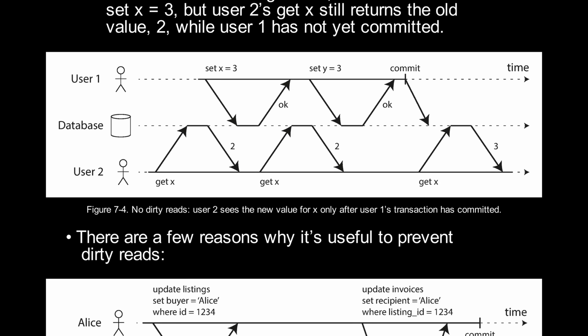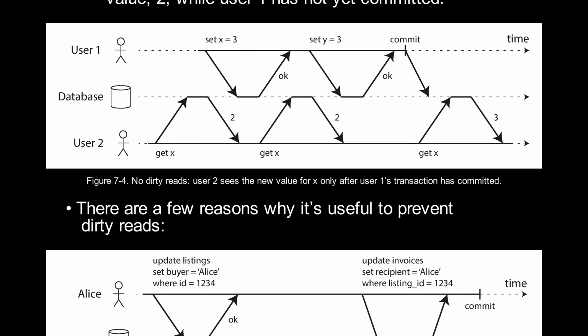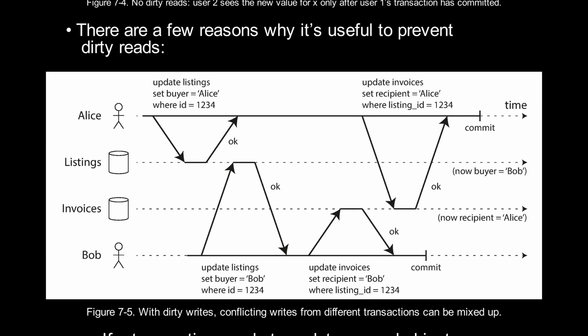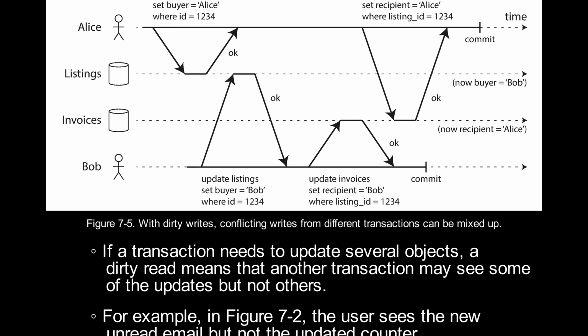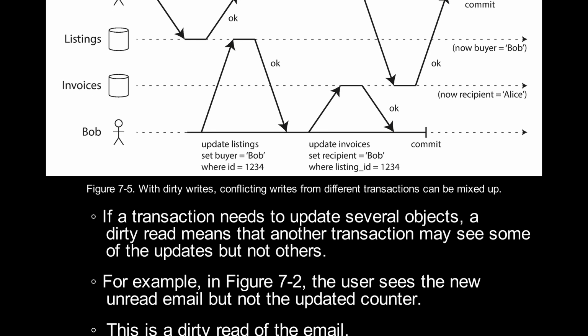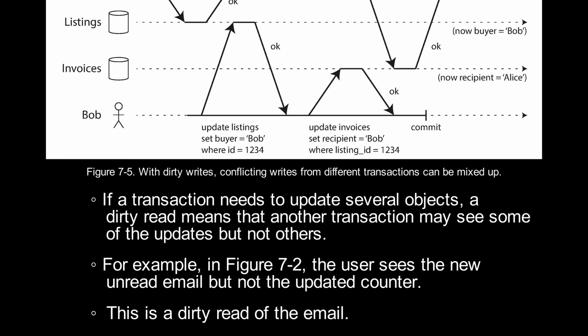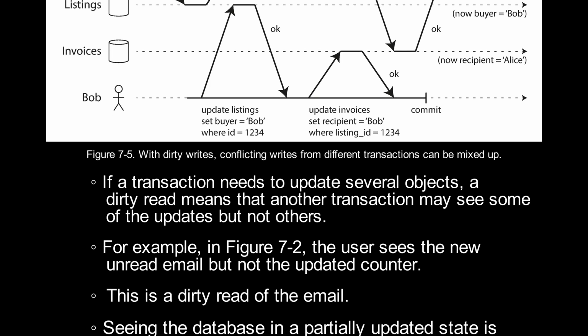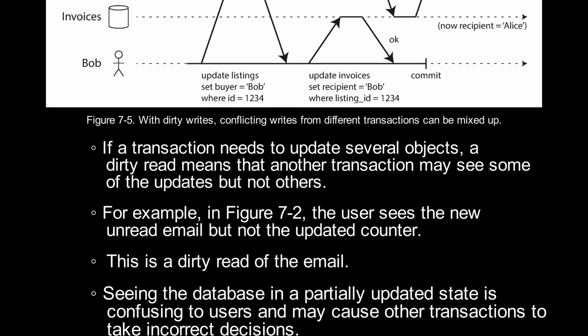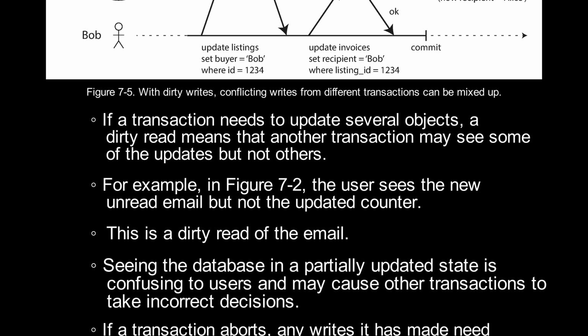There are a few reasons why it's useful to prevent dirty reads. If a transaction needs to update several objects, a dirty read means that another transaction may see some of the updates but not others. For example, in figure 7-2, the user sees the new unread email but not the updated counter. This is a dirty read of the email.